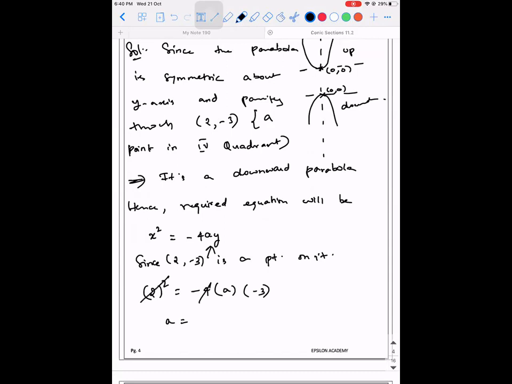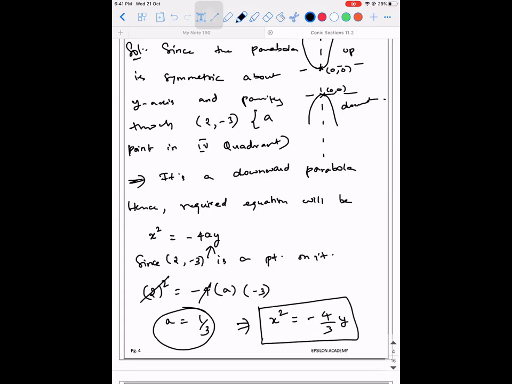The 4 and 2 square will get cancelled. a will be equal to 1 by 3, which implies x square is equal to minus 4 by 3 times y, the required equation of the parabola. If you observe this question, actually it is only 2 steps.